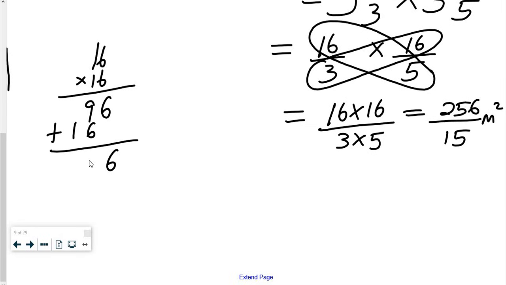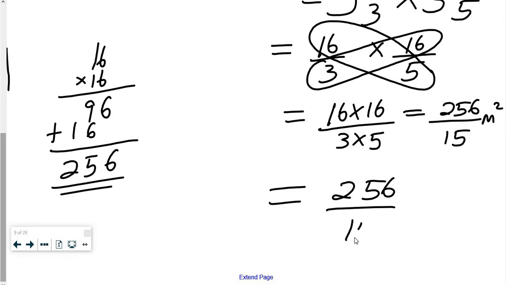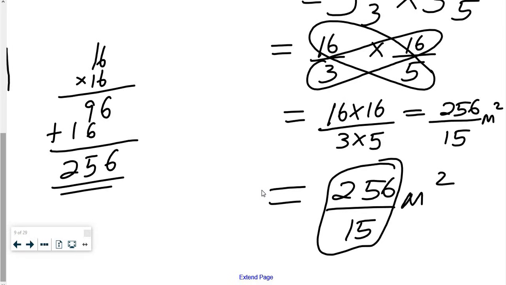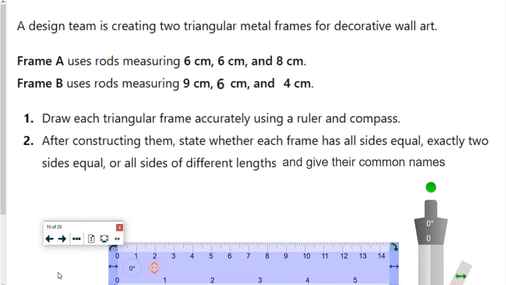So you'll have 6, 5, 2. Right? So the area of this rectangle will be 256 upon 15 meters square. And you can go ahead writing that number as a mixed number, but it's not necessary. The next question.